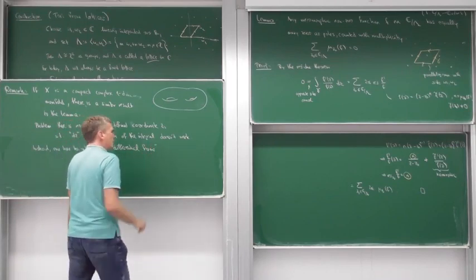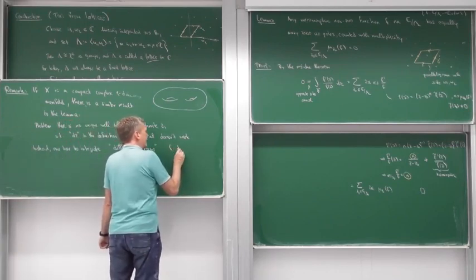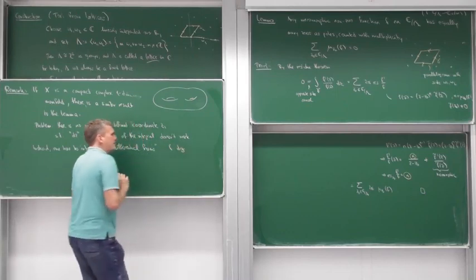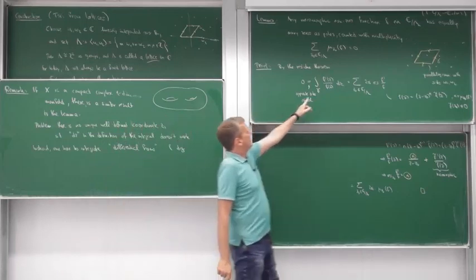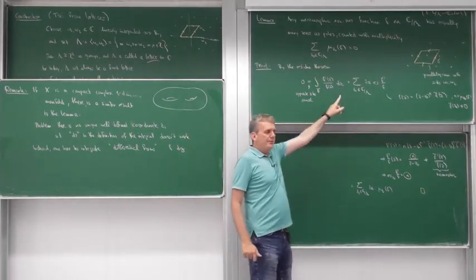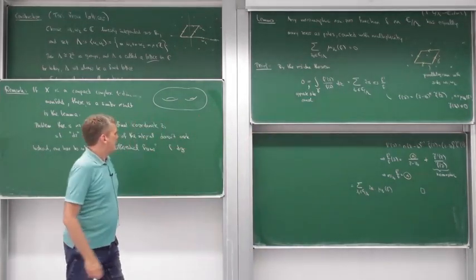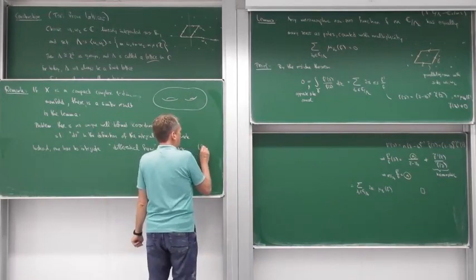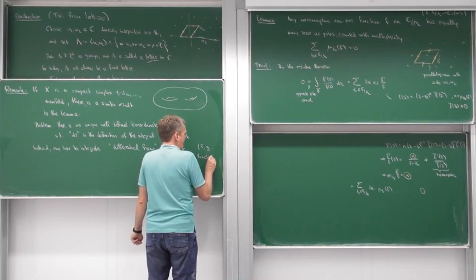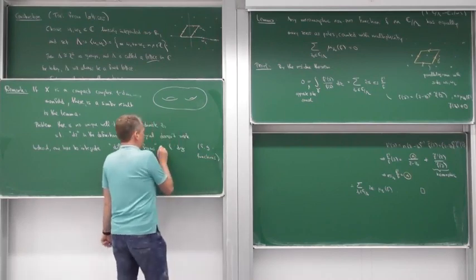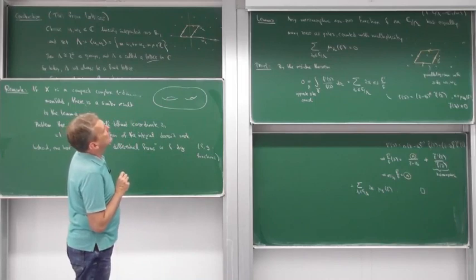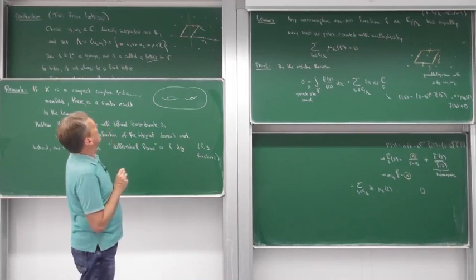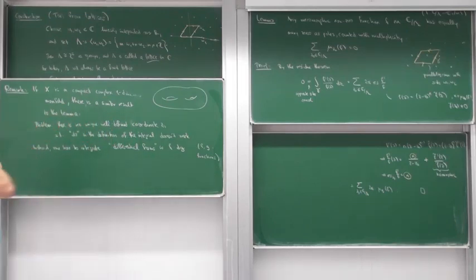So differential forms are, without giving a definition, objects of the form f times dg. In the same way as here we wrote f times dz, instead of z you can take any function, where f and g are functions. Usually this is called omega, which is maybe a bit bad because we called something omega as well.